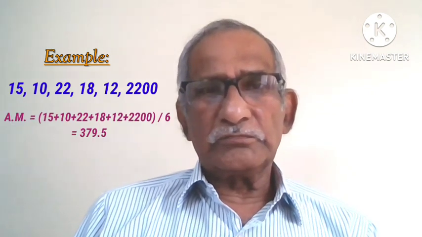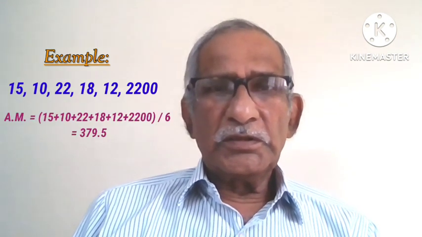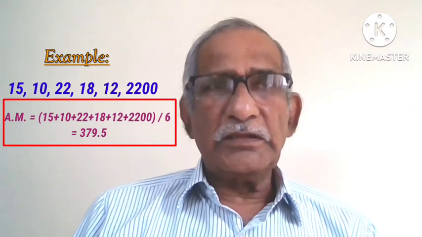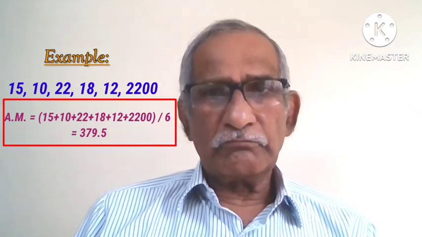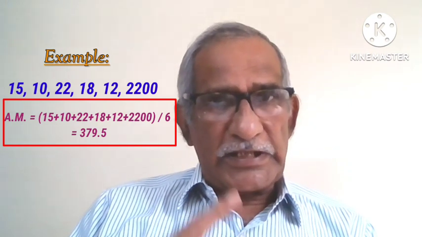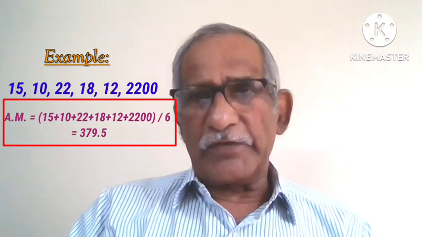Now the arithmetic mean of the set of 6 values 15, 10, 22, 18, 12 and 2200 is 379.5. The arithmetic mean has definitely gone very high due to a single comparatively large value.